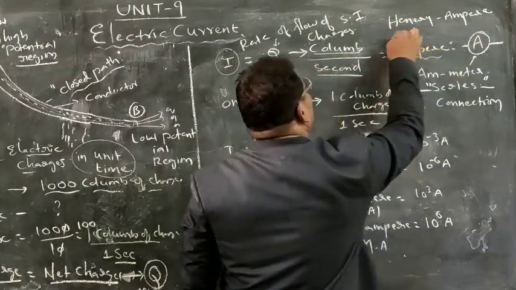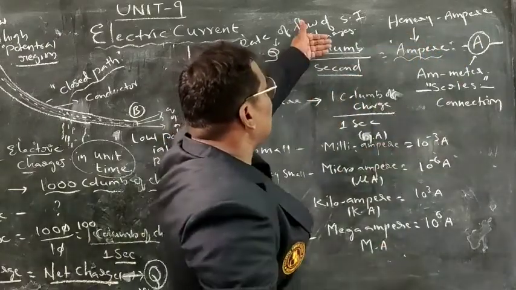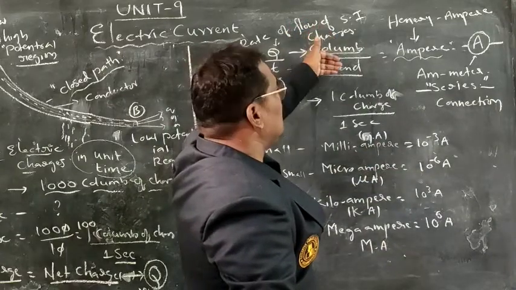Coulomb per second is a new unit, with two components: coulomb is the charge and second is the time interval.